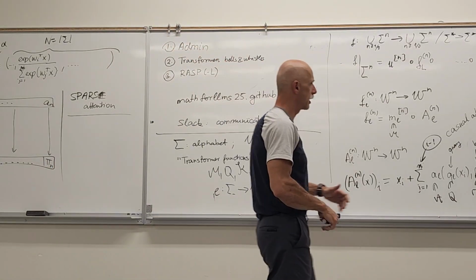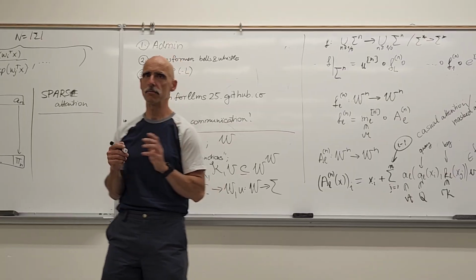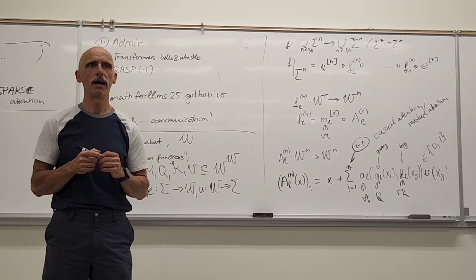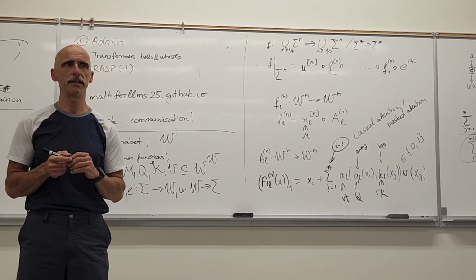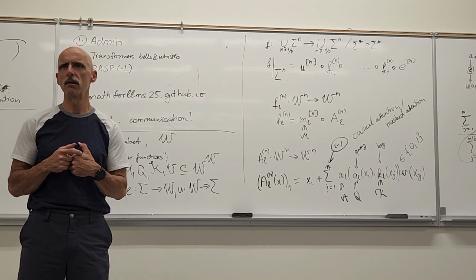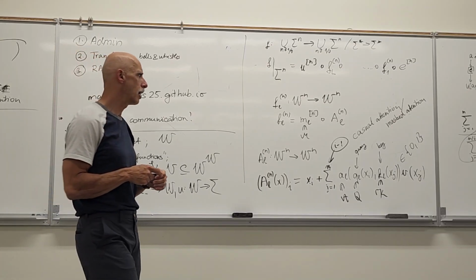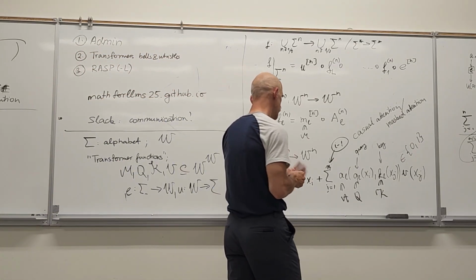Already, if you are only summing up to i minus 1, some symmetry is gone, but still too many symmetries exist. So people do various things. One of the first things that people did was what's called positional embeddings.